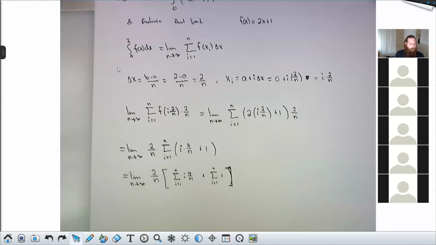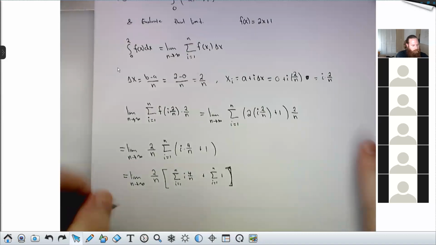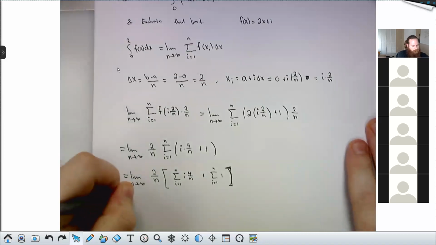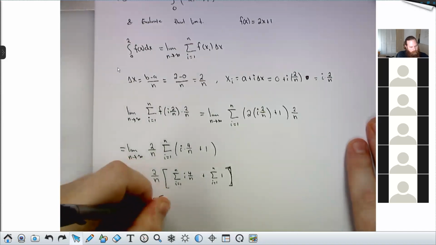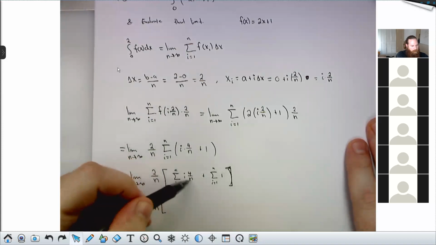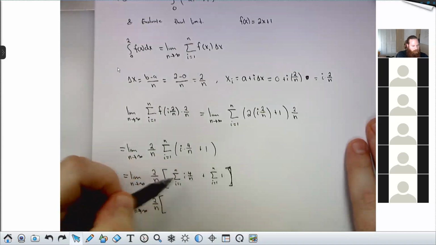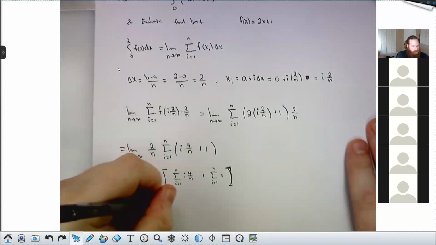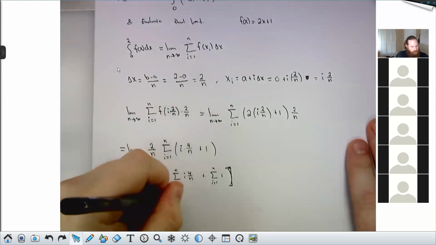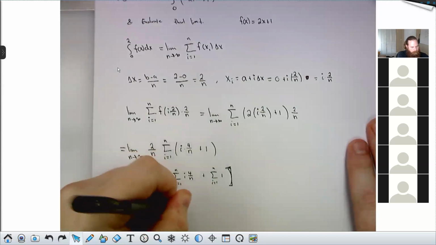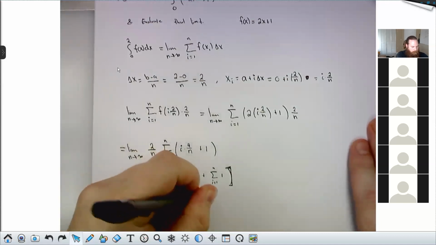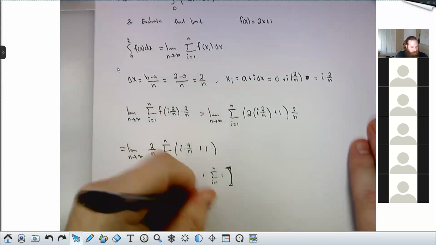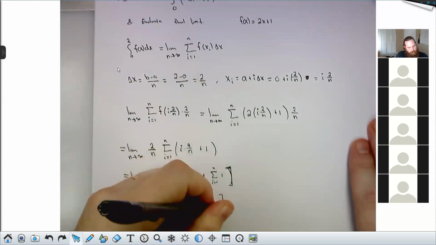Then there's one last thing we need to do before we can apply the summation formula I gave you guys. This is the limit as n goes to infinity, 2 over n, bracket. This 4 over n can also come out of the first sum. So that's 4 over n, sum i from 1 to n of i, plus sum i from 1 to n of 1.